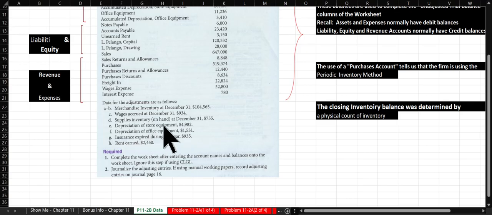Both relate to depreciation. One is for depreciation of the store equipment, and the other is for the depreciation of the office equipment. Each asset is going to be depreciated at a different rate depending on how long it is going to last, but the entries are going to be the same. So we're going to debit an expense account for depreciation for each of these, and then we're going to credit the corresponding accumulated depreciation.